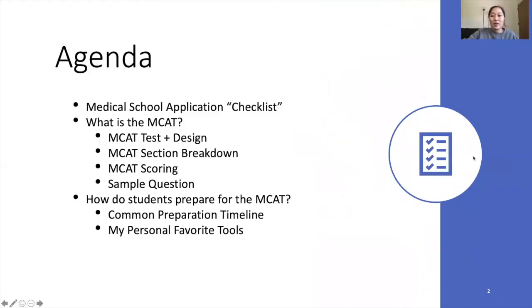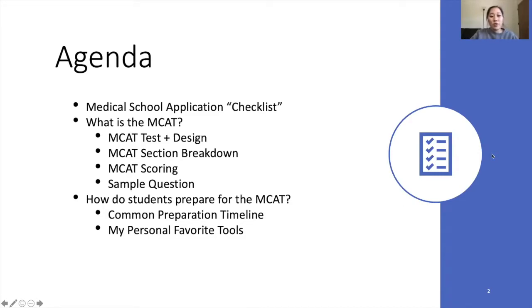So this is what our agenda looks like for today. First of all, we'll go over the medical school application checklist, and this is in quotation marks because there's no real or official checklist to getting into medical school. Obviously, it's just a general list of things that pre-med students do to become a better applicant. Then next we'll go over what the MCAT really is. We'll look at the test design, section breakdown, the scoring, and sample questions.